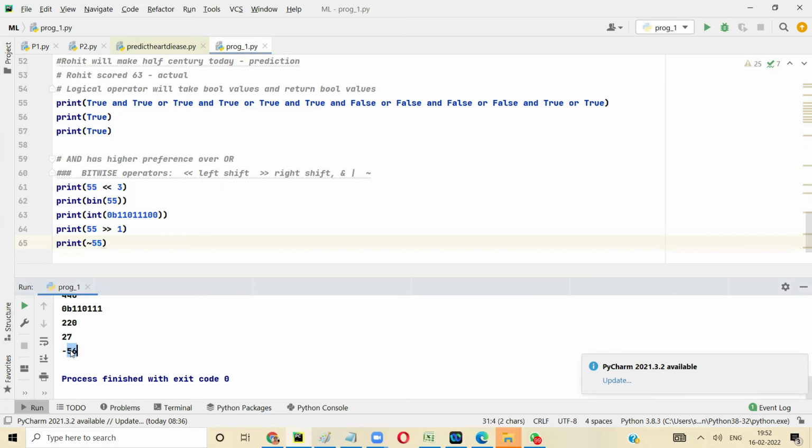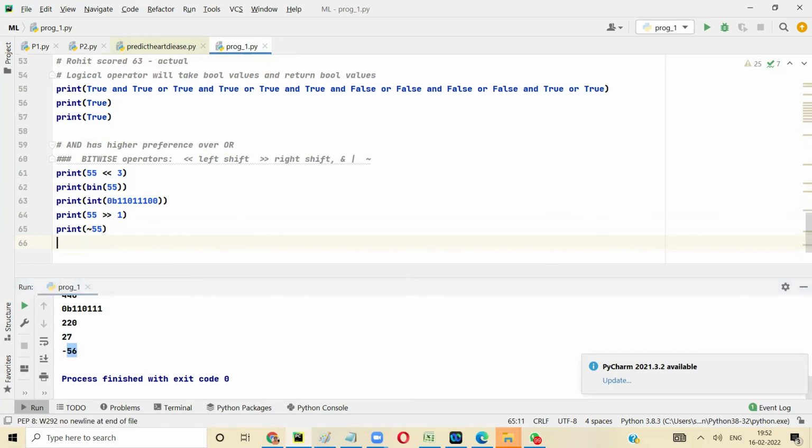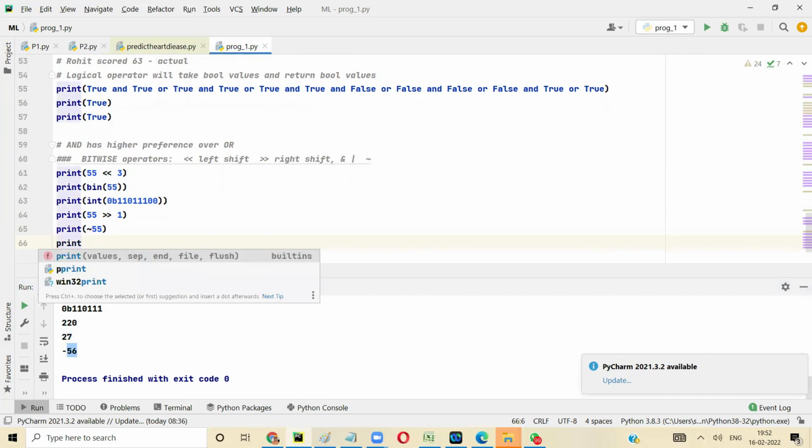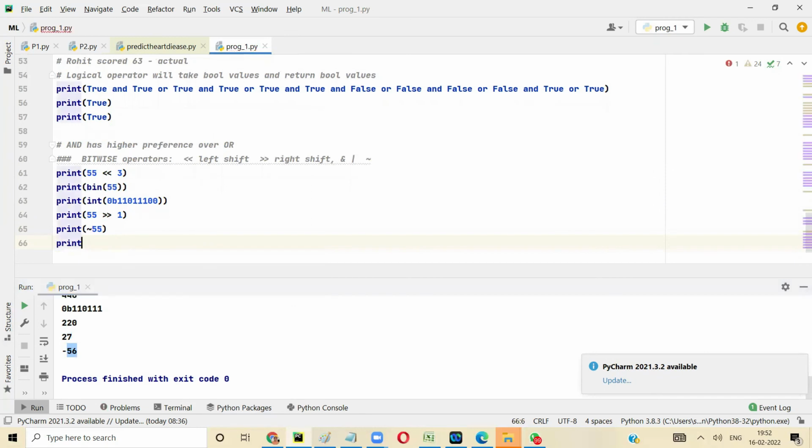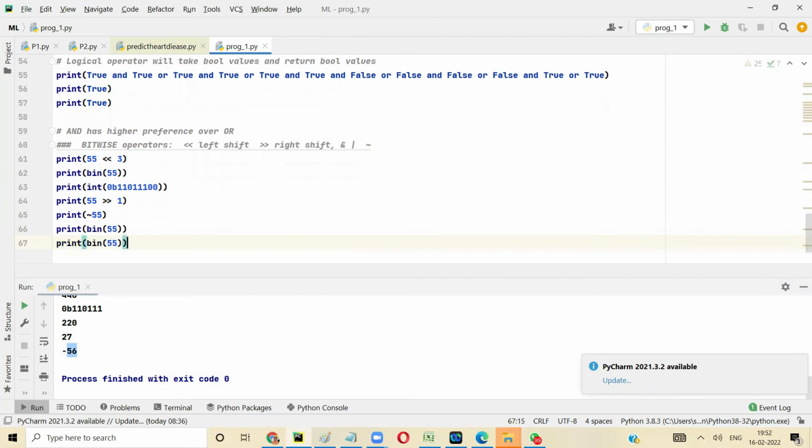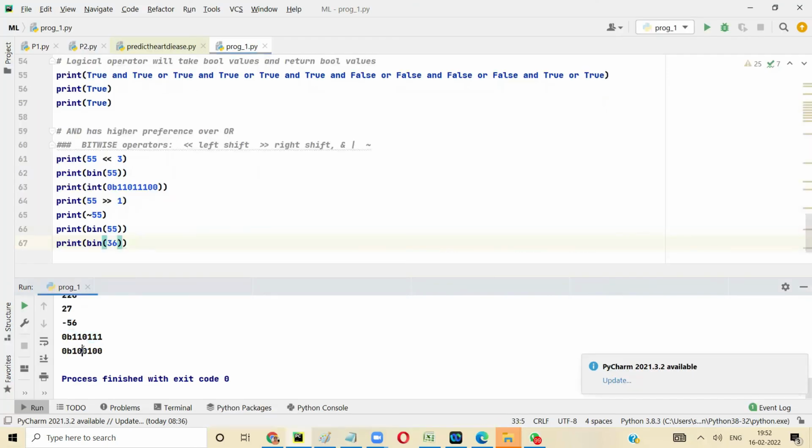Now we'll talk about and, or. Let's say I do print bin of 55 and bin of 36. 55 is this and 36 is this.